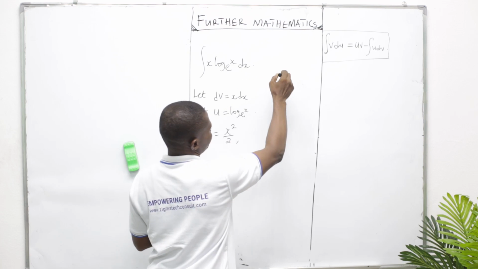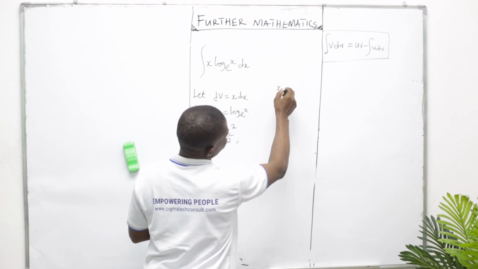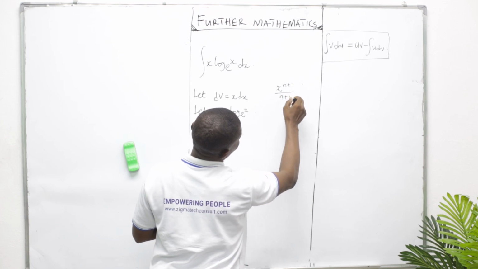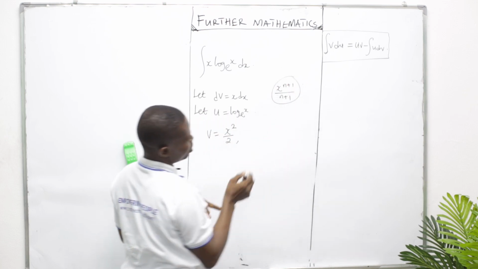From foundation, recall that x raised to the power n plus 1 all over n plus 1 is the formula we'll be using.